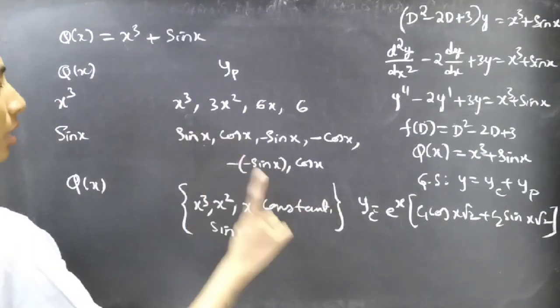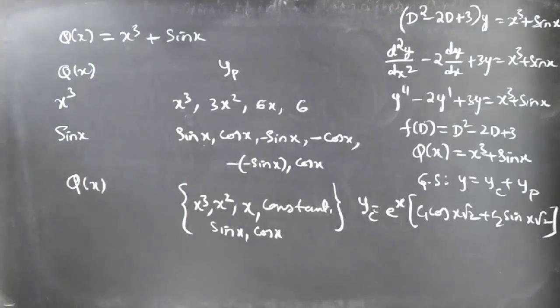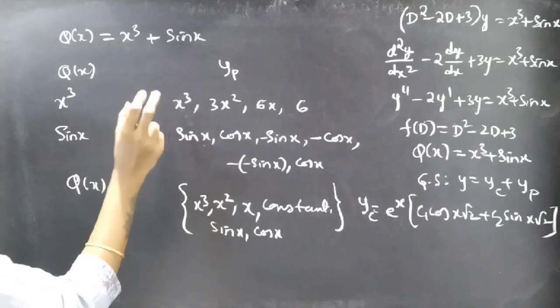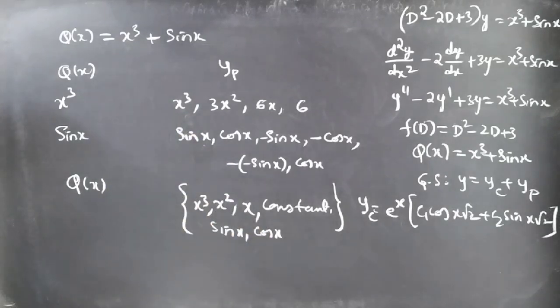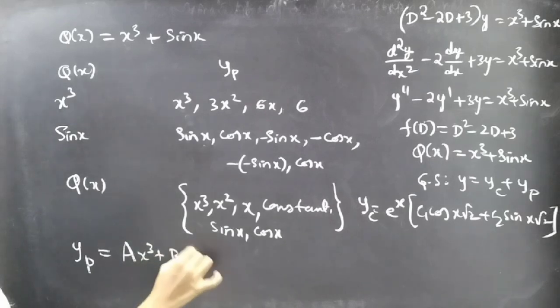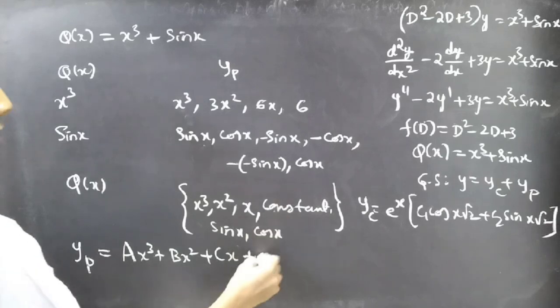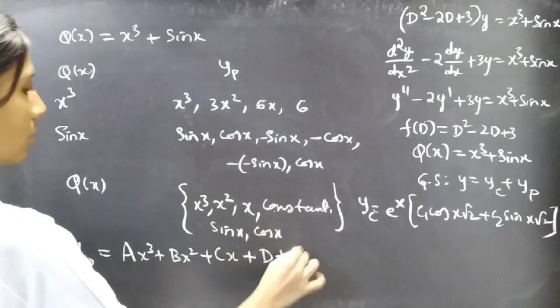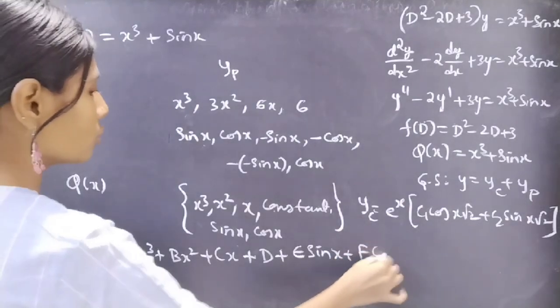You'll just take one sin x and one cos x. You should not repeat the terms in this set. Now using this set, I'll write yp. Yp equals one constant into x cube, another constant into x square, plus another constant into x, plus this constant I'll consider as d, plus one constant e into sin x, plus one constant f into cos x.